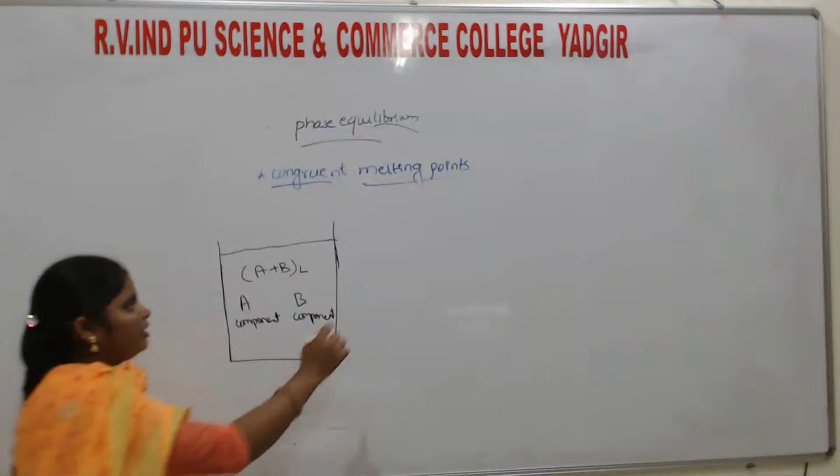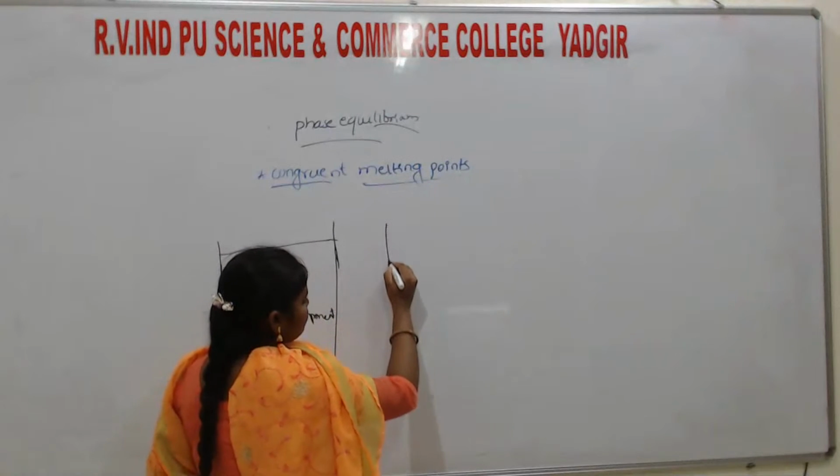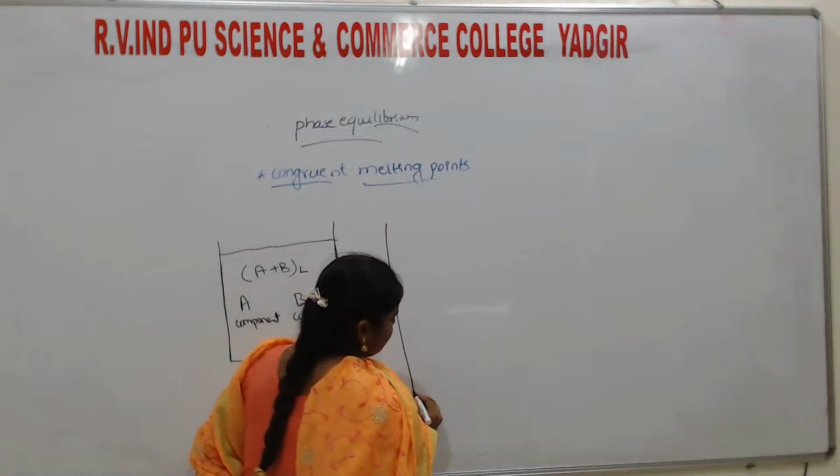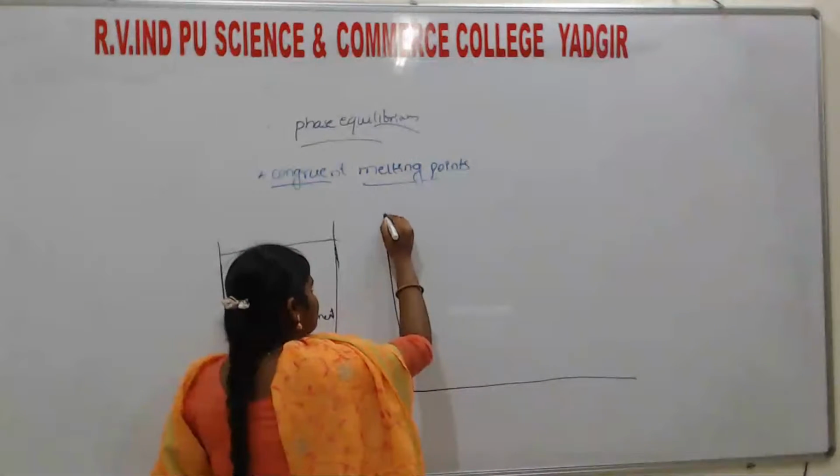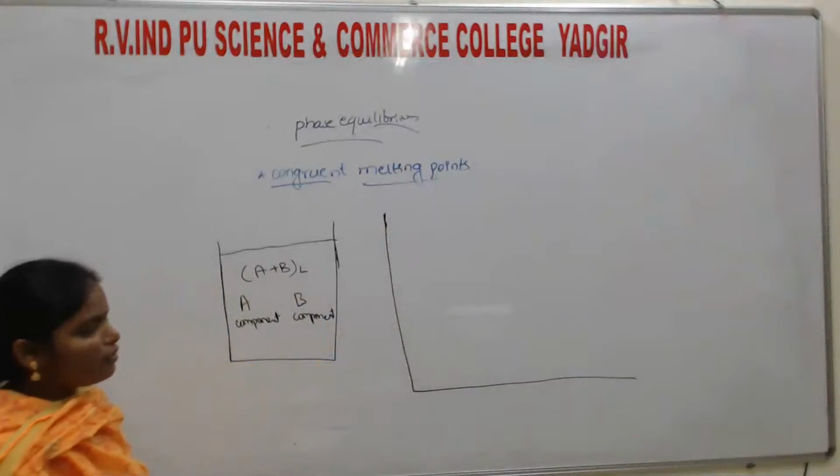I will draw it out here, the phase diagram of the two component system. Just to understand this, what is the component melting point.